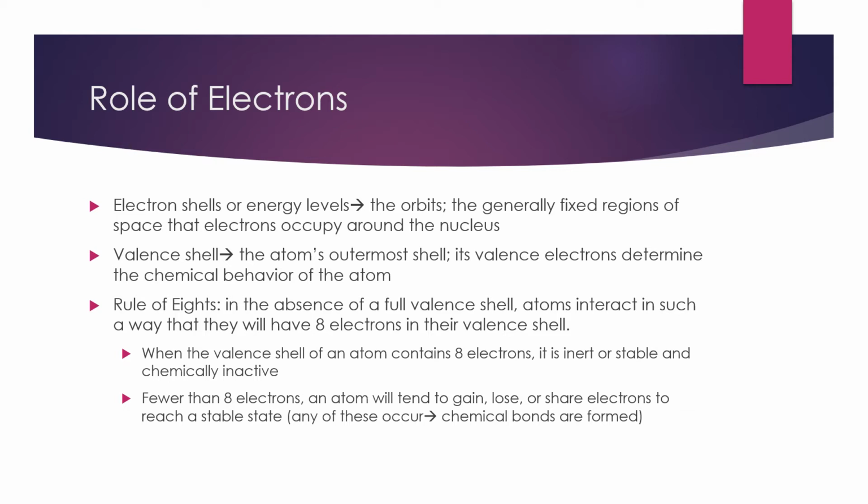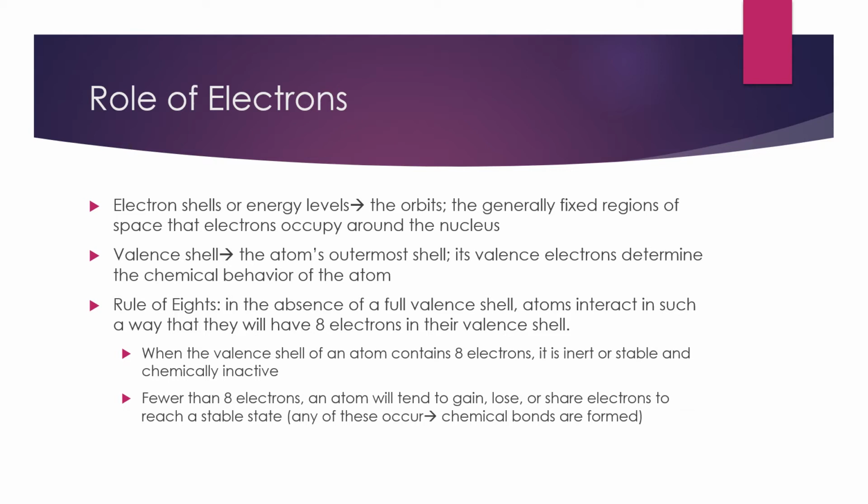The role of electrons. Electron shells, or energy levels, are the orbits. They generally stay in fixed regions of space around the nucleus. The valence shell is the atom's outermost shell. Its valence electrons determine the chemical behavior of the atom. So there's something called the rule of eights.